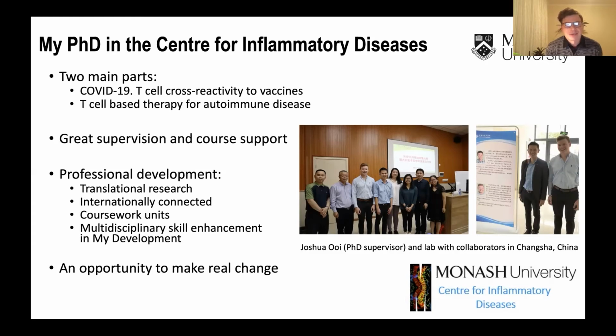I wouldn't be able to do these really challenging and exciting projects without great supervision from my PhD supervisors, both Joshua Owie and Po-Yi Gan, as well as the support offered by the Graduate Research Office, namely Danny.